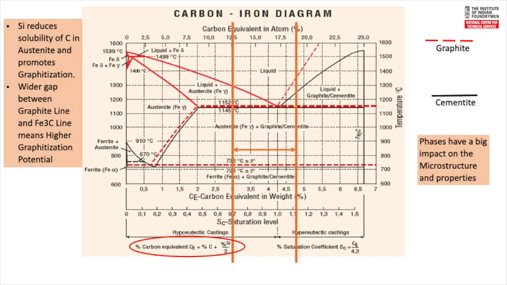So once again, remember that the composition of the iron has a big impact on the microstructure we will get. By microstructure, I mean what types of phases are going to be present in a given cross section of the metal.